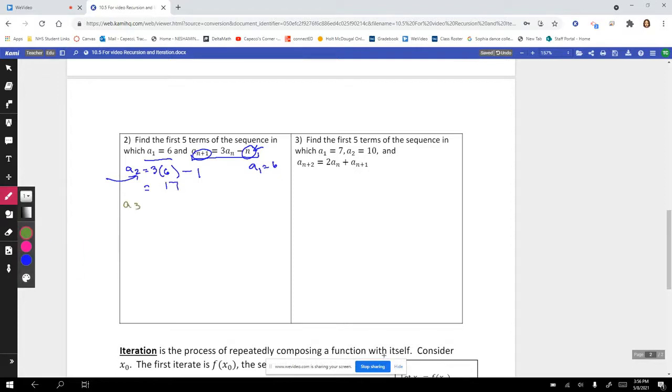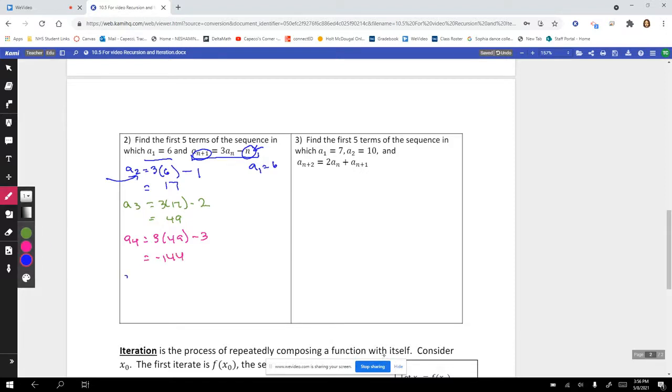Now, kind of the same thing that we did in the last one. A sub 3 is going to give us 3 times 17. And this time our n value is 2. So that gives us 49. As we keep going, a sub 4 is equal to 3 times 49 minus, now we're going to work with 3. And then that gives us 144.